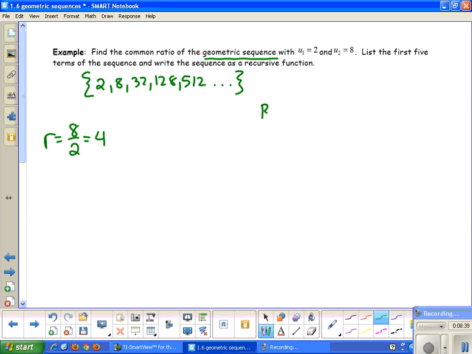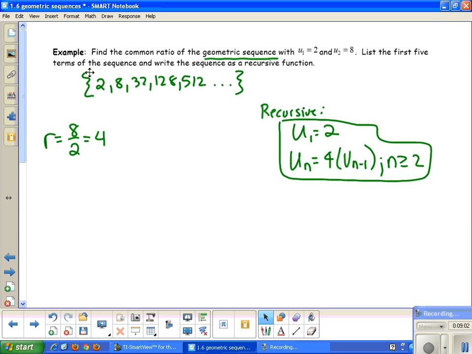So for recursive form, I state my first term, which is 2, and then the formula to get to the nth term would be equal to my common ratio, which is 4, times my previous term for values of n greater than or equal to 2.